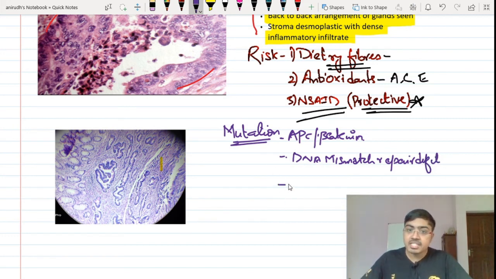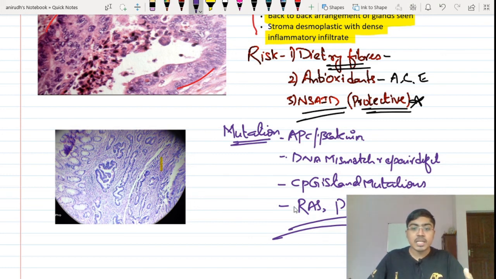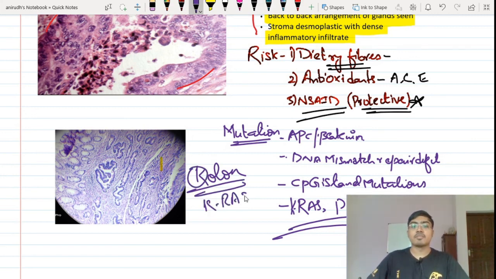And you can have mutations in the CpG island also. These are certain genes here. And on top of that, you can have our favorite things like RAS gene, P53 gene, right? Now what type of RAS here? K. Now I remember it as colon. So yes, KRAS is associated with colonic malignancy.